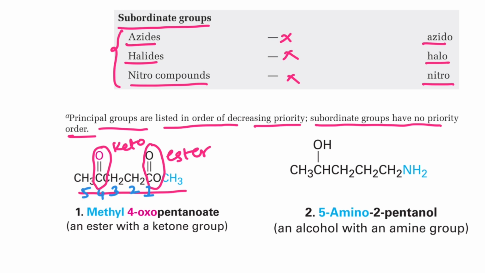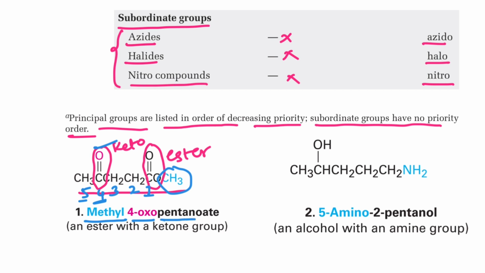According to the numbering rule, we have to give the first priority to the functional group. Therefore, numbering starts from right to left. The first one is a methyl, therefore methyl. Then at the fourth position we have the oxo, therefore 4-oxo. Total 5 carbons are there, therefore pentane.